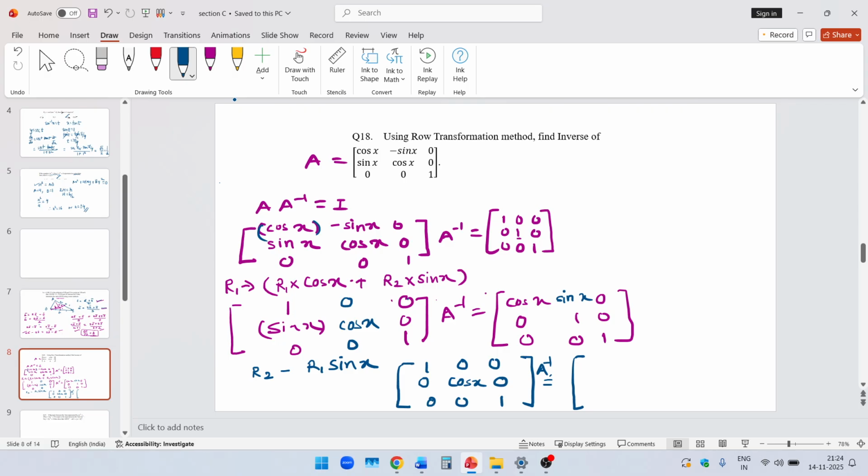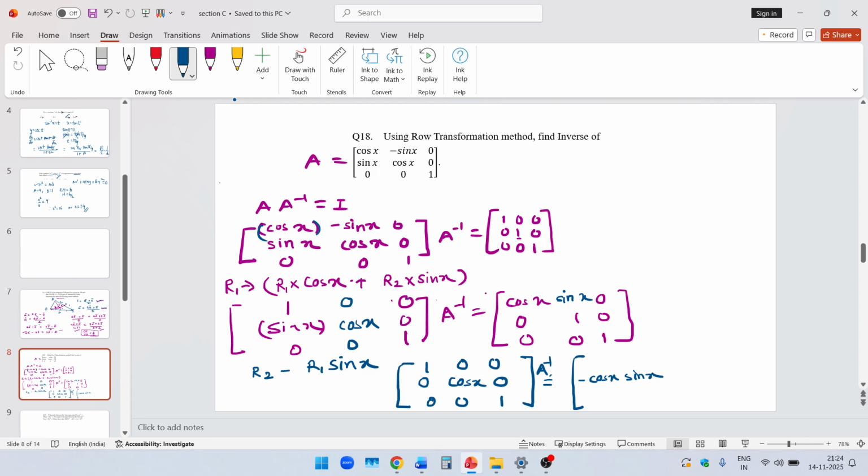Here what will happen is, I'll be multiplying the first row with sin x. Okay, so the first will be cos x multiplied by sin x, and 0 minus cos x multiplied by sin x will be minus cos x sin x.